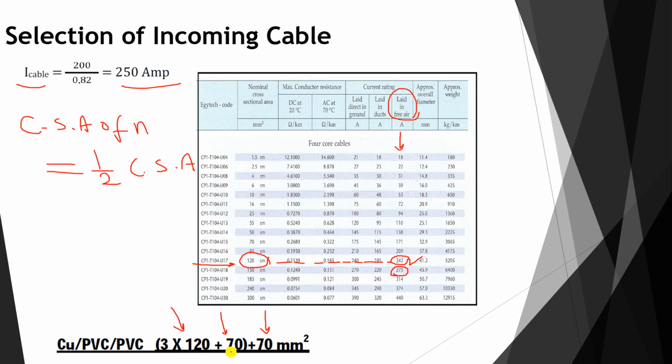Okay, it is not the same as the phase, but it is close to half of it. Similar to the neutral, the earthing will also be half of the phase. Okay, we learned this in the previous lessons. So if you don't know this, get back to the lessons on selection of earthing cables, selection of neutral cables, and so on. Okay.